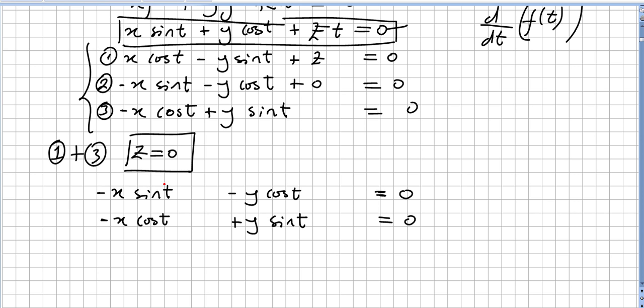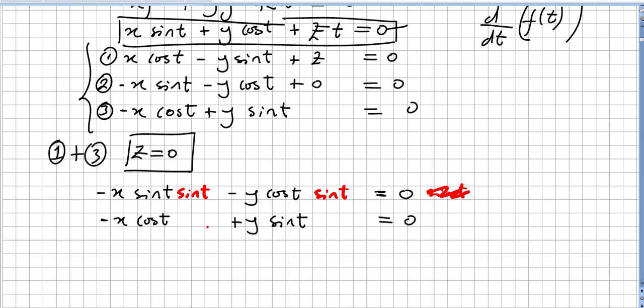So now in lines 2 and 3 we have minus x sine of t minus y cosine of t, and in line 3 minus x cosine of t plus y sine of t. What I'm going to do now is multiply all the second line by sine of t, and this one sine of t too, but times 0, that will be 0.